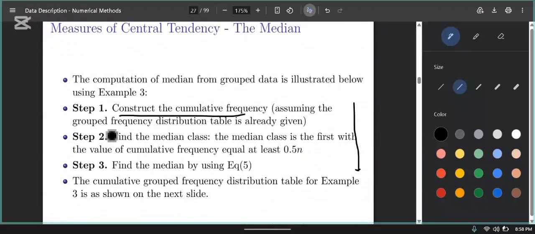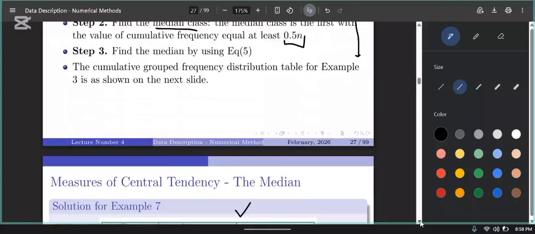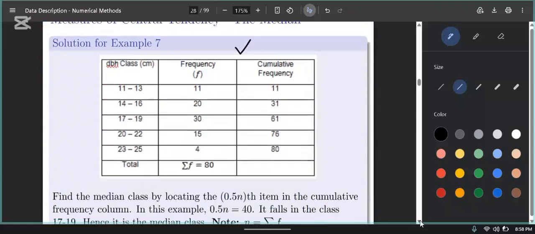Step number 2, find the median class using the formula 0.5 n. So how do we do that? For the median class we use 0.5 n. N is simply the sum of f.